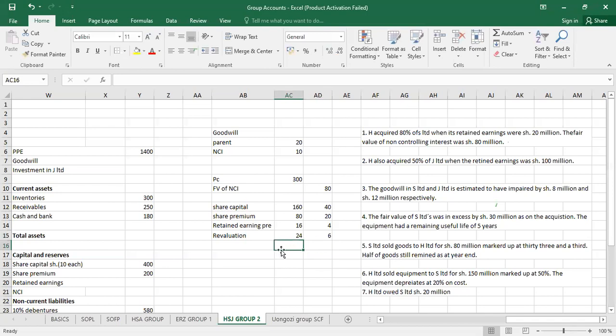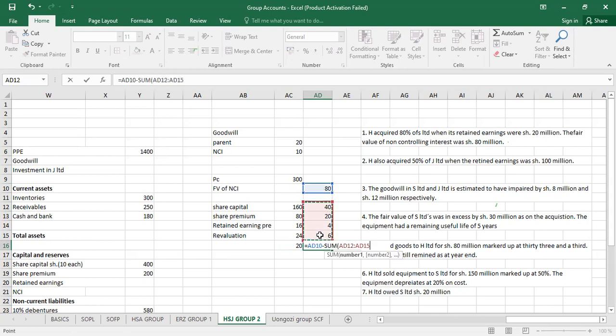Then you find the value: the purchase consideration minus the sum of these ones here. Control enter. I'm being reminded to close the bracket. Equal this one minus sum, I'll close the brackets, control enter.